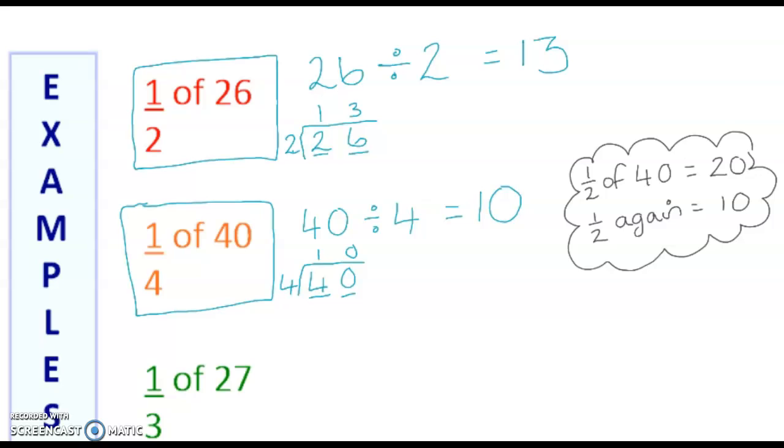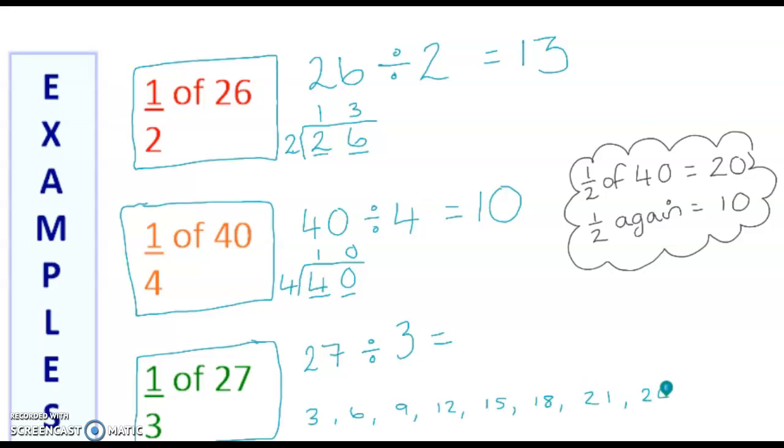My final example of a unit fraction of amount is a third of 27. For this question, I need to do 27 split evenly into 3 groups. For this one, I'm probably best to count out my 3 times table. 3, 6, 9, 12, 15, 18, 21, 24, 27.